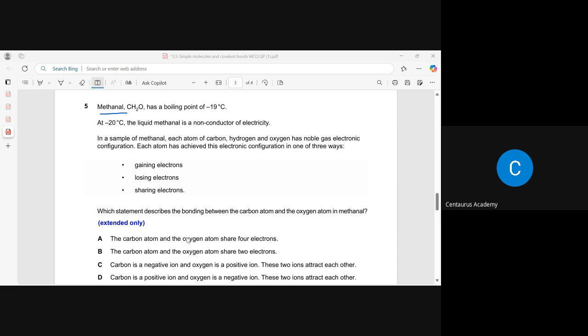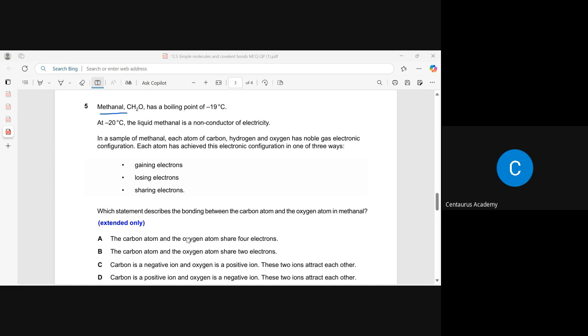And Ryan, why do you think that A should be the answer? I chose A because the carbon atom is in group 4, and atoms in group 4 usually lose or gain 4 electrons. Okay.